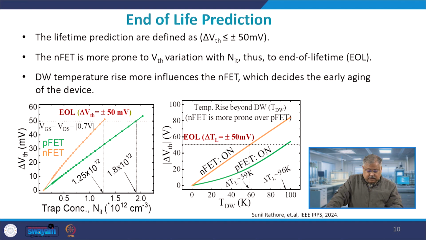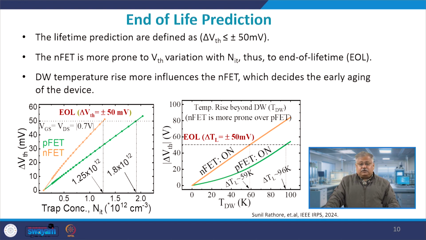And we saw that for an N channel device, left hand side figure, and I am assuming that the threshold voltage is plus minus 50 is the line where it crosses, then we can see that the NFET will cross at a relatively smaller value of interface traps as compared to a higher value of interface traps. The same concept is for the right hand side, the change in the threshold voltage.